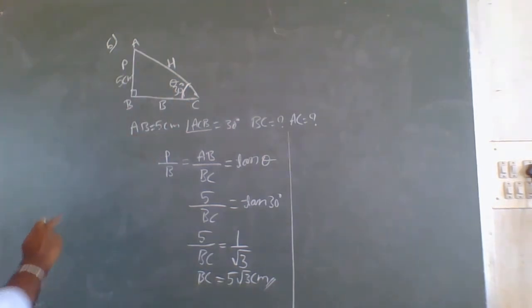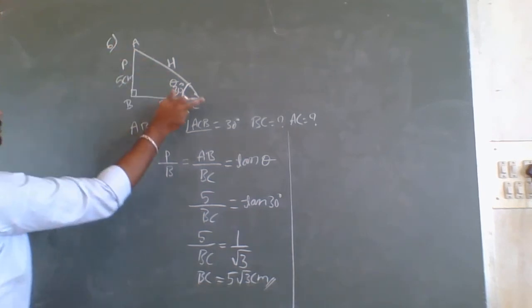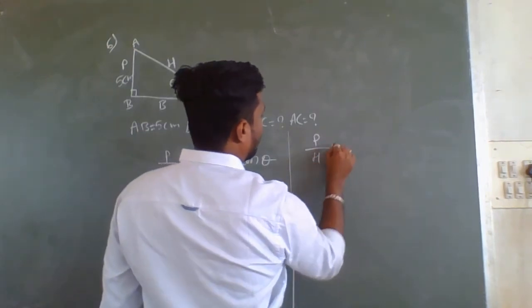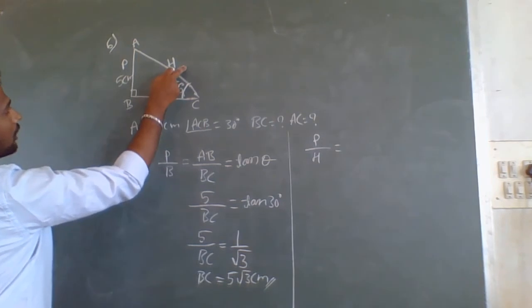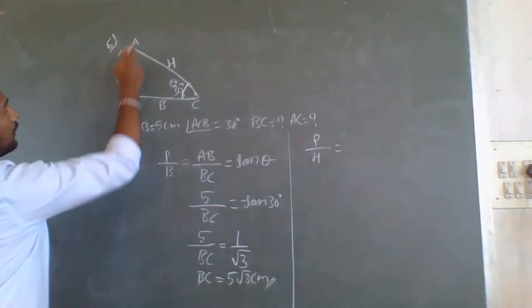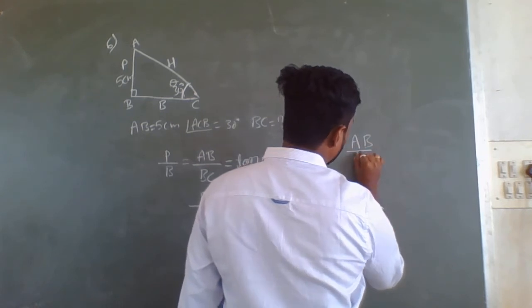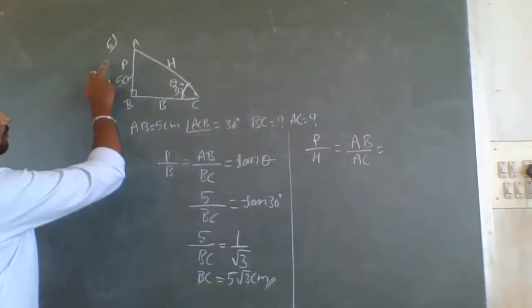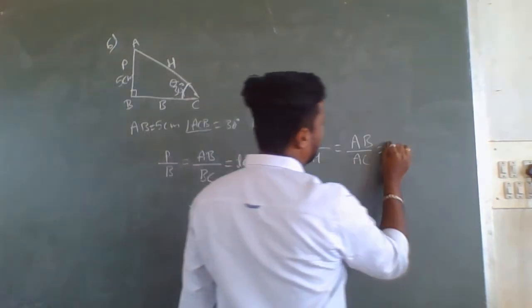You can see here, we know that AB by AC means perpendicular by hypotenuse, which always equals sine theta.